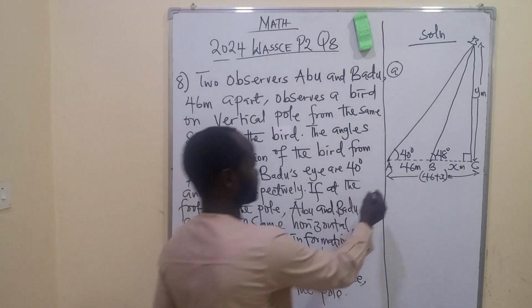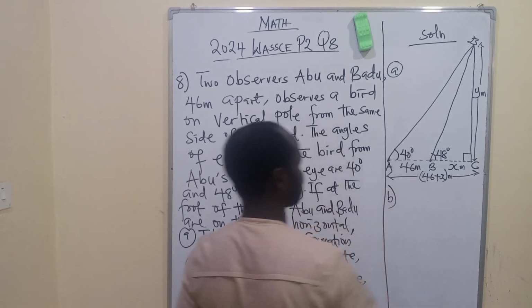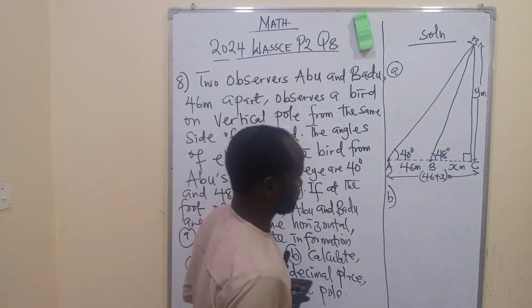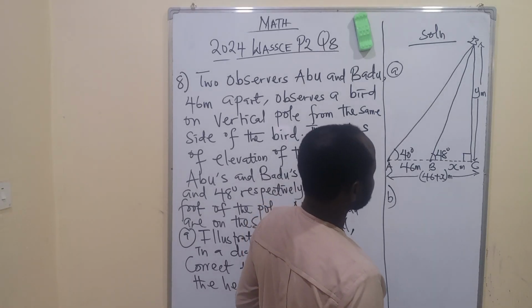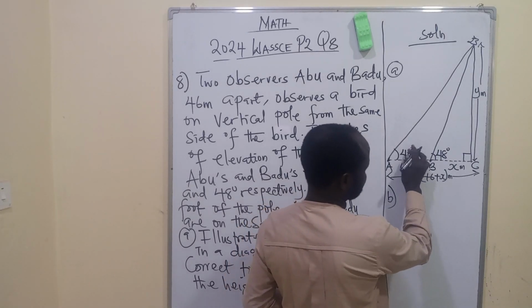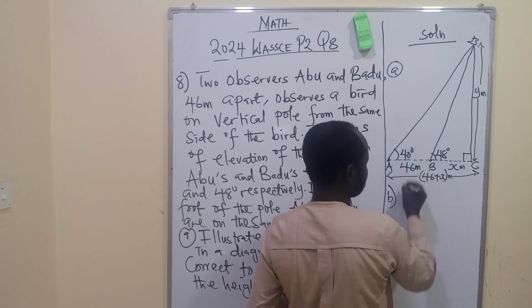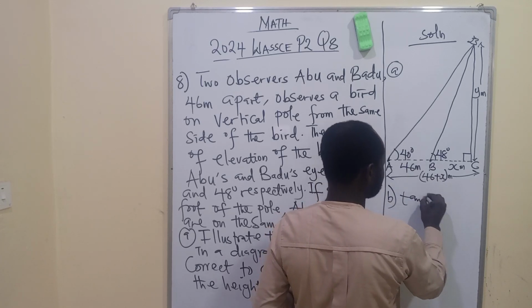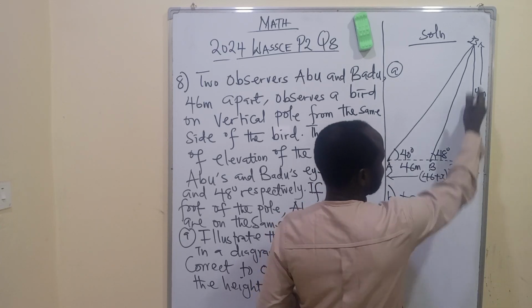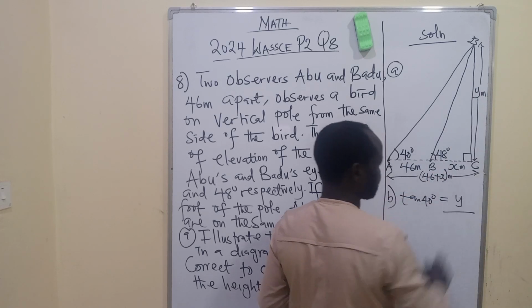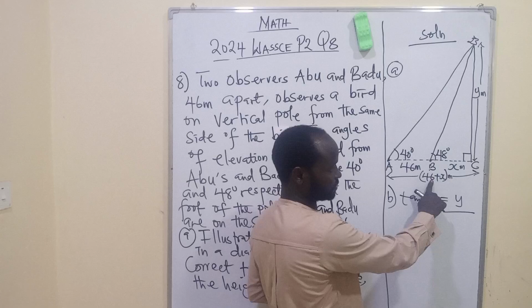In the B part, we are asked to find the height of the pole, which is y meters. The first thing for us to do, we can use SOH CAH TOA here. Tan 40 degrees will be opposite, which is y here, divided by adjacent, and our adjacent will be 46 plus x.